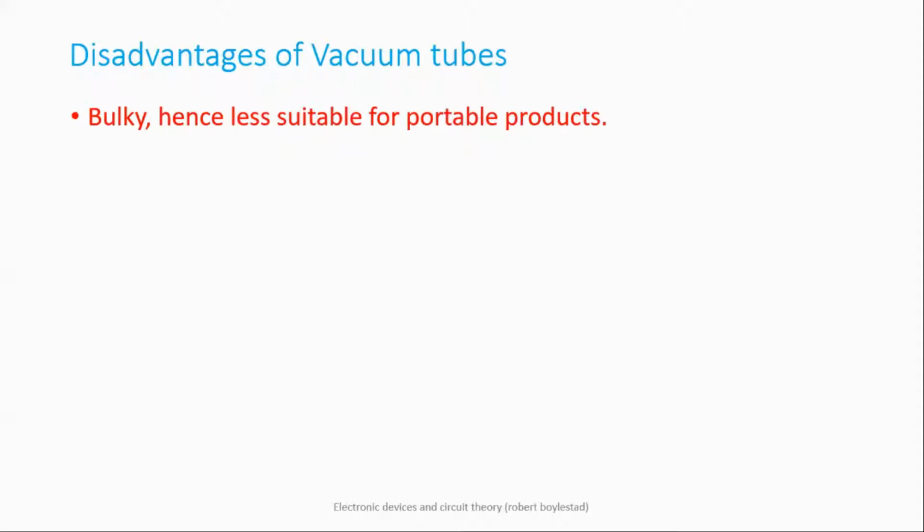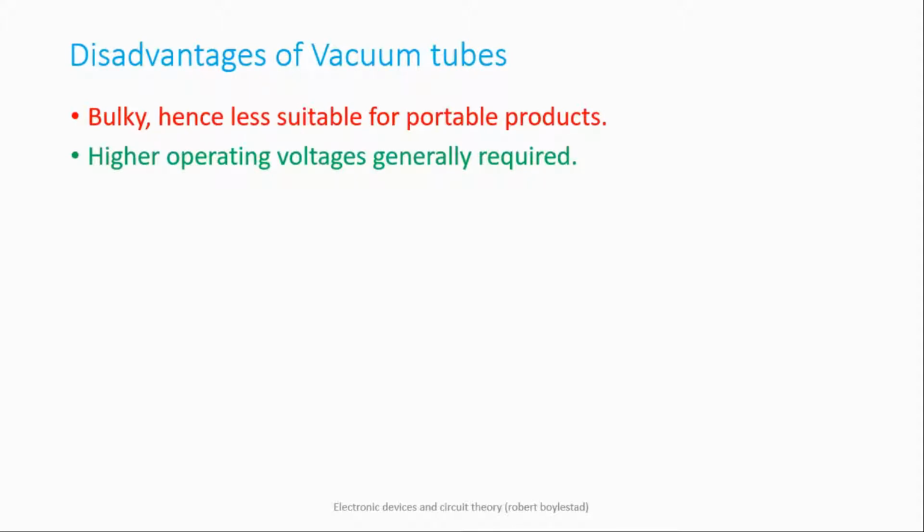Still, they are being used in some locations where high power applications are there. But in most applications, vacuum tubes are no longer used. Okay, now the next concern is that higher operating voltages are required.